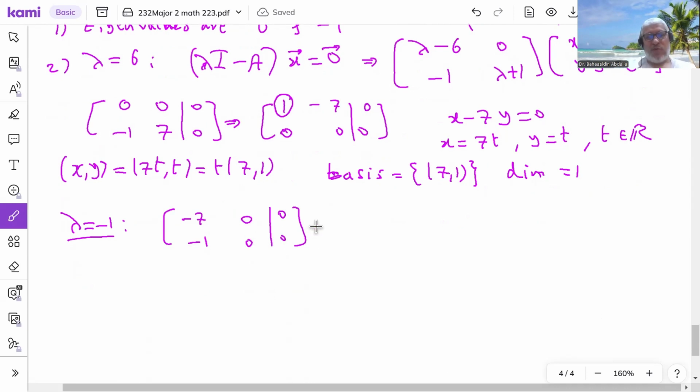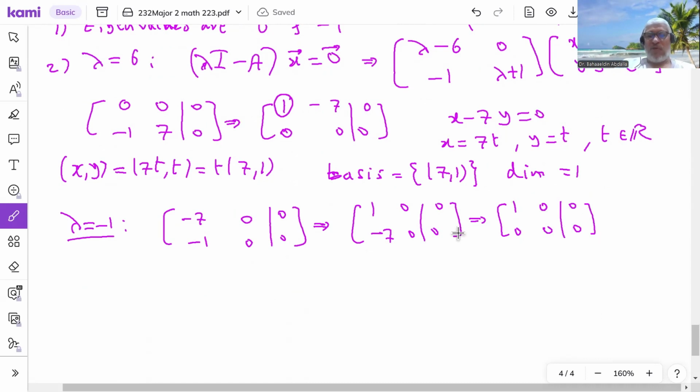Let me interchange row 1 and row 2 and multiply row 2 by negative 1. Then row 1 plus row 2 will give me this matrix. This is the final form.